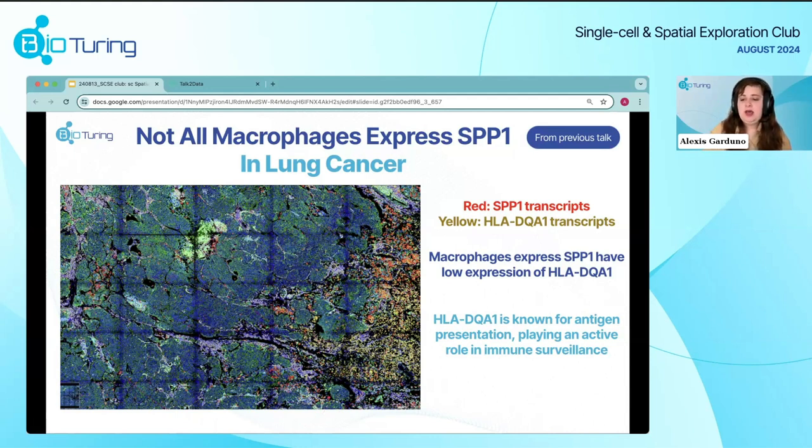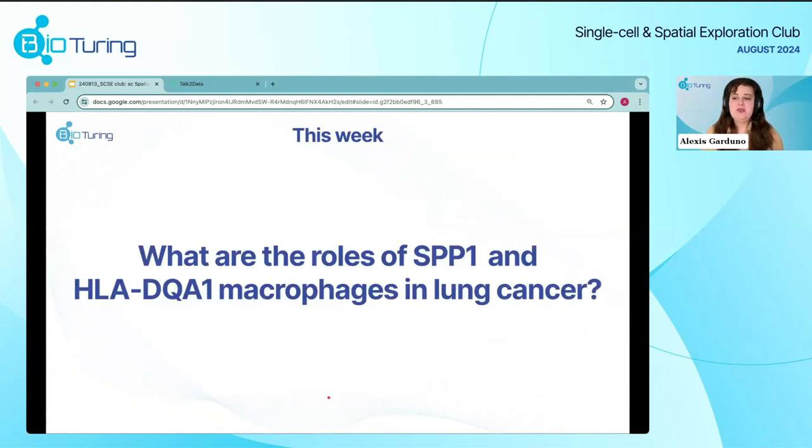Okay. So I'll go into here. To further understand these functional differences between the SPP1-high and the HLA-DQA1-high macrophages, we compared their gene expression profiles using the spatial transcriptomics data set.